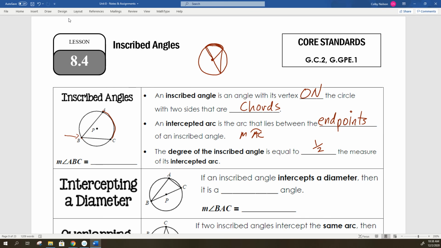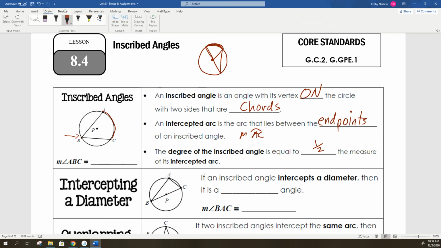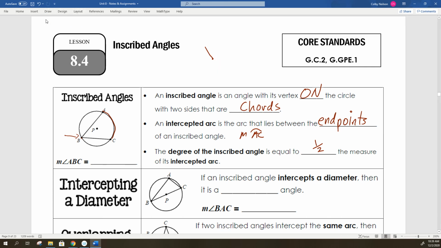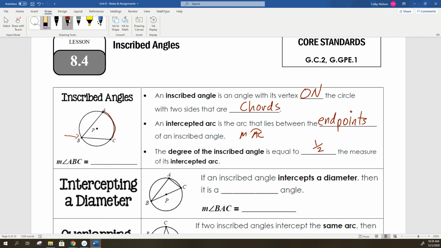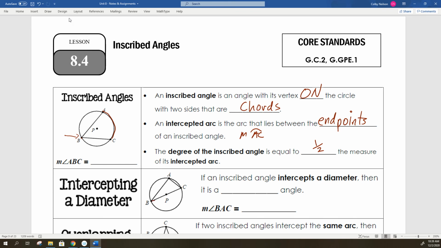What is the degree measure of a diameter? 180, right? We call it a semicircle. But if an inscribed angle intercepts the diameter, what would be the degree measure of that angle? If it's half as much, the diameter is 180, so half of that is 90.